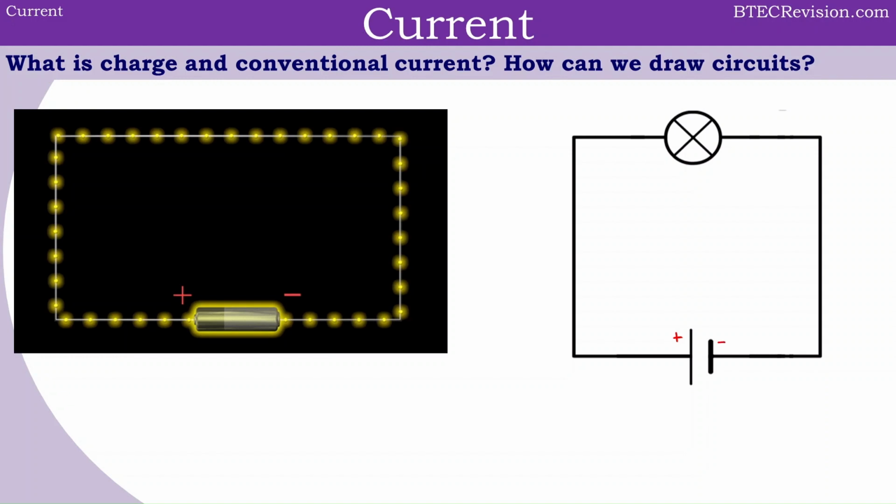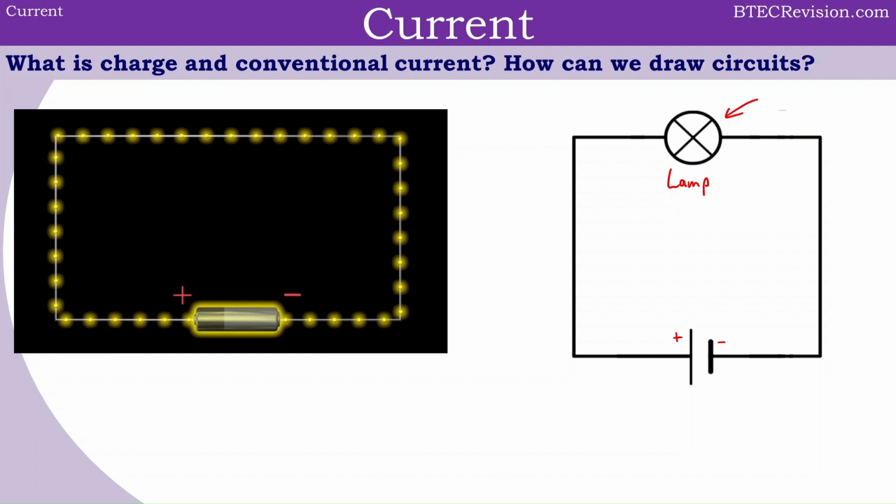The wires can be represented using straight lines, and in this circuit, we have one extra component, which is a lamp. And you can see the lamp is drawn using a circle with a cross inside. This is the symbol that we can use to draw.